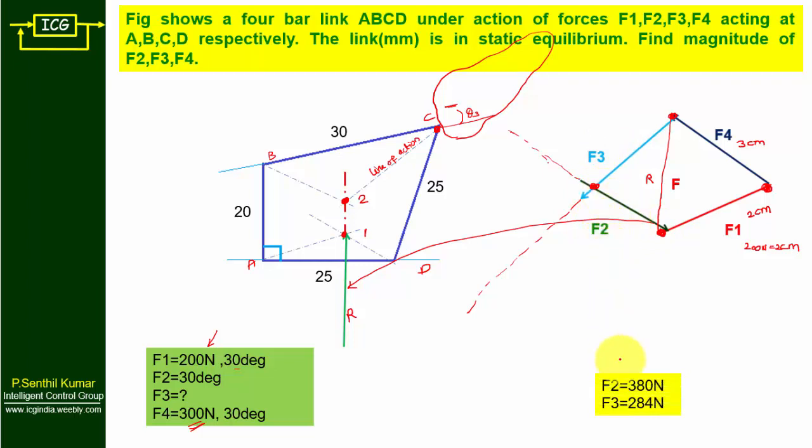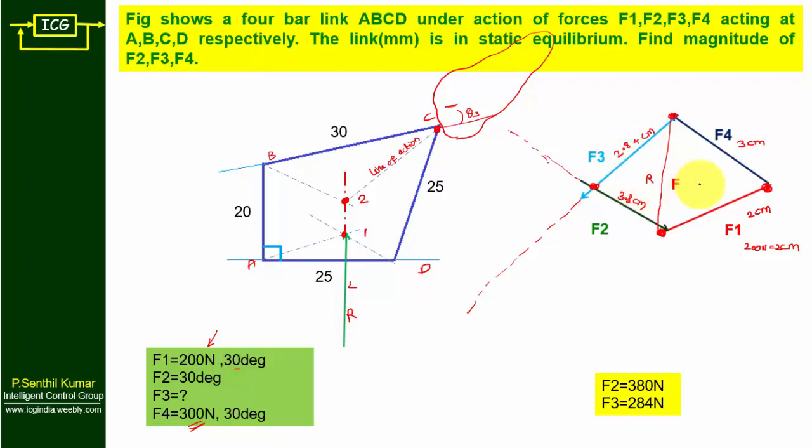Measure these points. That is equal to F2. If you measure F2, you will get 3.8 centimeter. Let me erase this line. If you measure F3, you will get 2.84 centimeter or close to 2.8 centimeter.